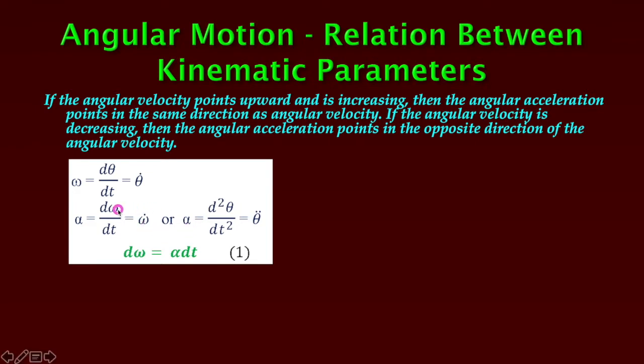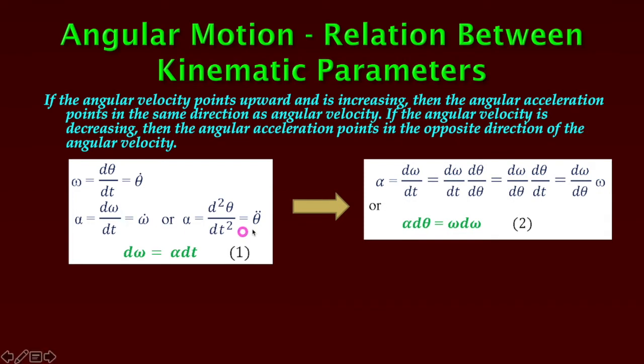Substituting the value of omega from this equation, alpha, the angular acceleration, equals d square theta by dt square, or theta double dot. From this equation, we can also write d omega equals alpha dt.